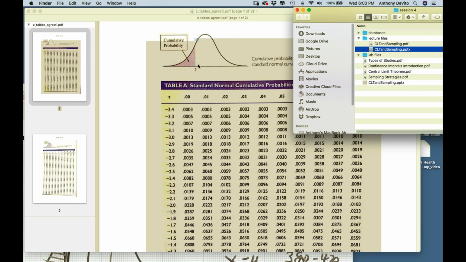Notice that the way this Z table works, it shows the probability, the area of the normal distribution that is below that Z-score. Anything below the mean is a smaller number, so when we calculate X minus the mean, it's going to be a negative number, and the Z-score is going to be negative.